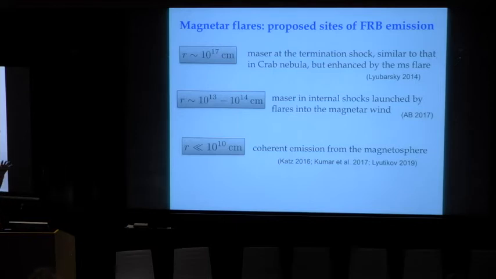So that would be a distance scale of order 10 to the 17 centimeters, where the termination shock of a magnetar neutron star wind is. And then you need huge power, of course, to boost it and give it high enough Lorentz factor, 10 to the 4, so you can compress the time scale at this large radius, 10 to the 17, to a millisecond. You need a lot of energy to produce high enough Lorentz factor to compress it.